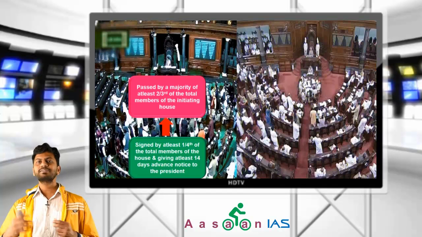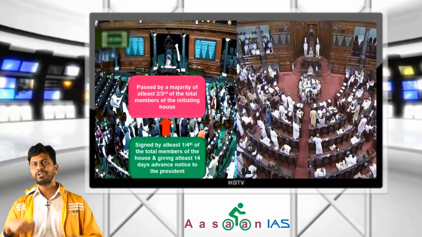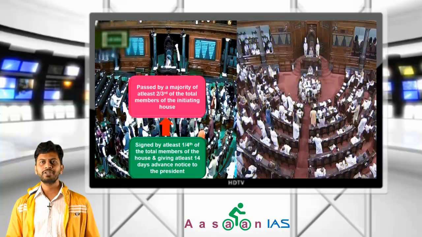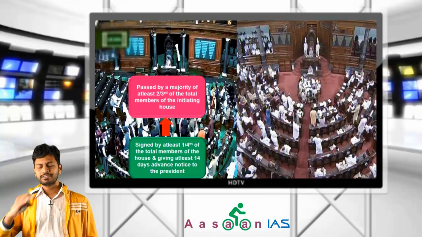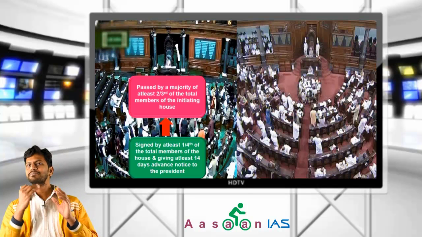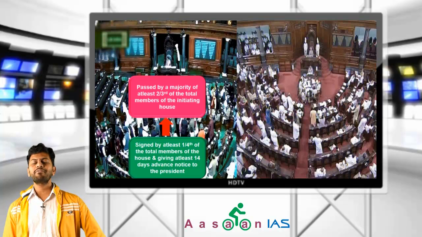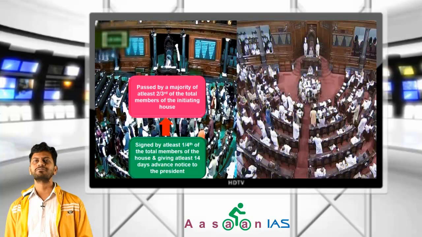Majority of total members, members present and voting, ये सारे हम पार्लियामेंट में पढ़ेंगे, better समझ में आएगा आपको. Some of you can understand, I know that. If 1 or 2 of you are not understanding, please don't bother, सब समझ में आएगा. So passed by a majority of at least 2/3 of the total members of the initiating house.